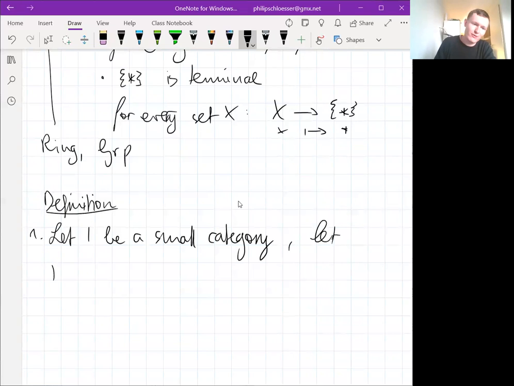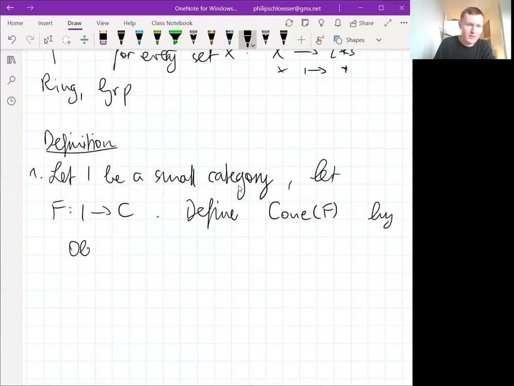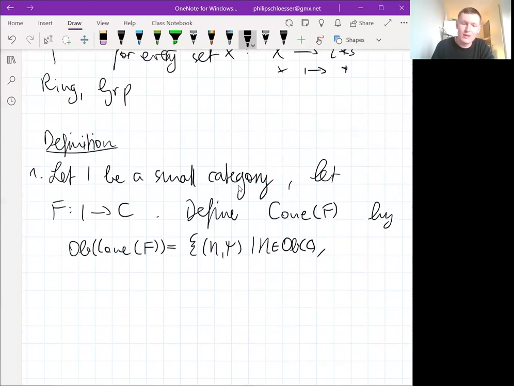And let F be a functor from I to some other category C. Then we define the category Cone of cones by having the objects be a pair (N, psi), where N is an object of C and psi is a natural transformation from the constant functor N to F. Natural.